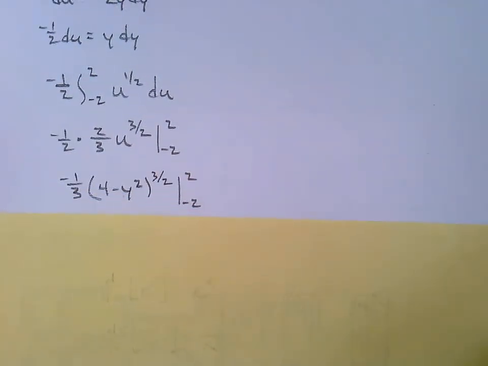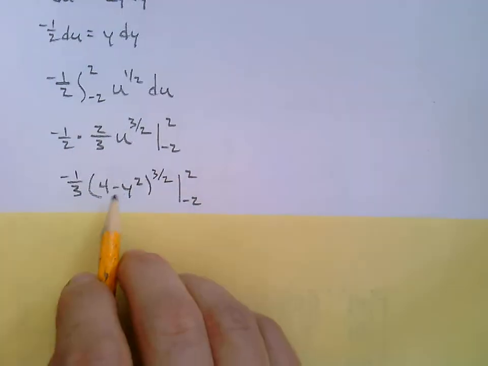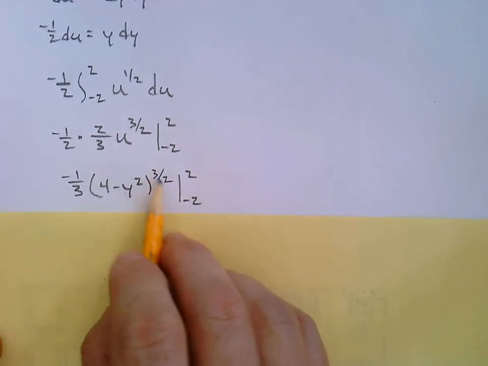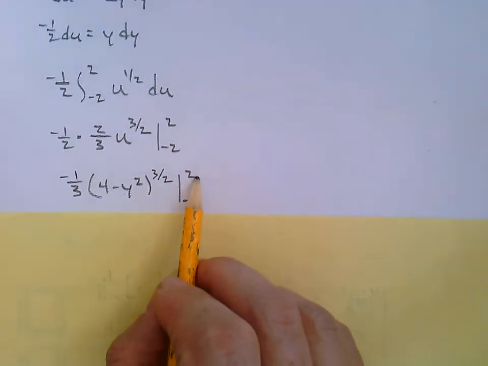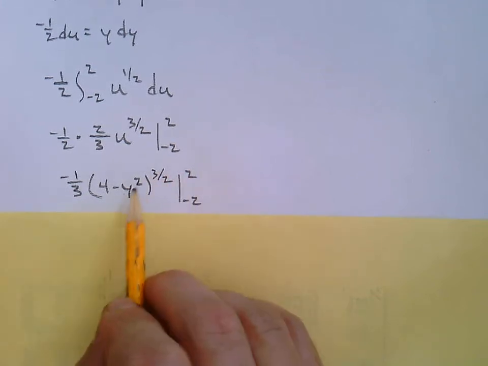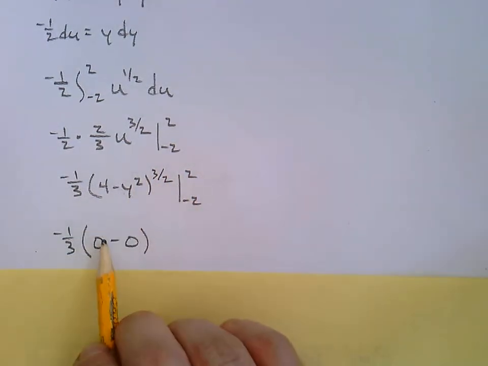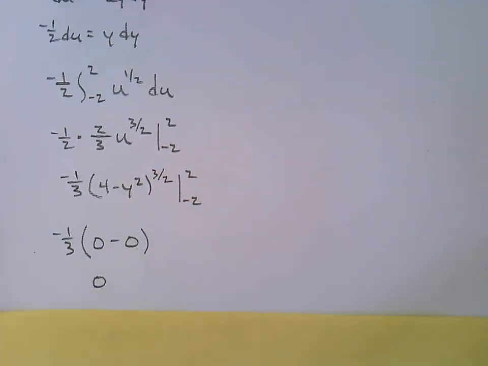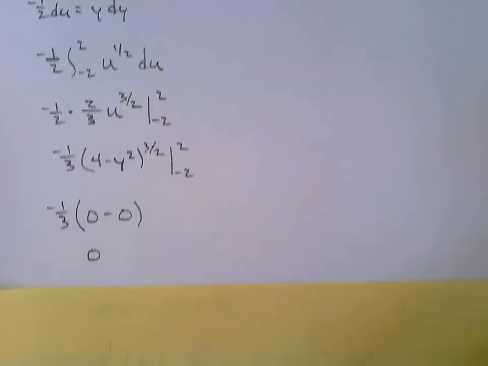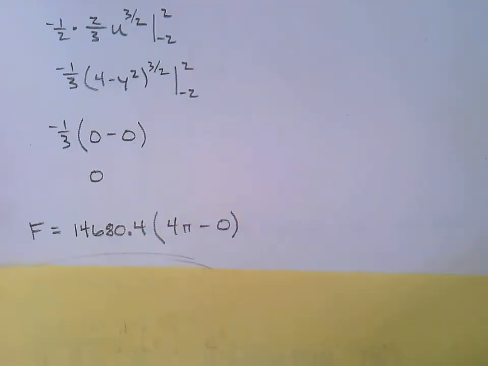Put your u back in, 4 minus y squared to the 3/2. And now even here still, plugging in the 2 and the -2, what happens, right? So plugging in the 2 gives you 0. Plugging in the -2 gives you 0. That whole integral right there is simply 0. And that allows us to get our answer.